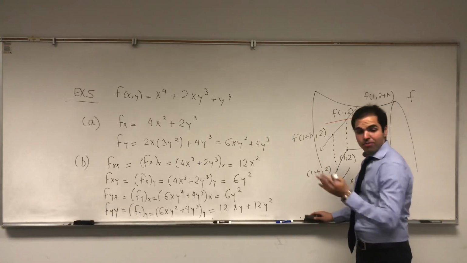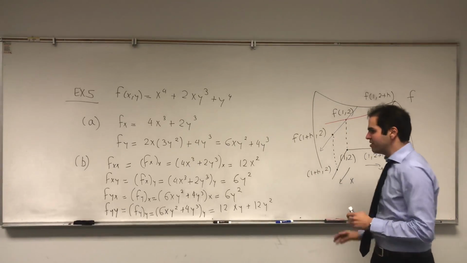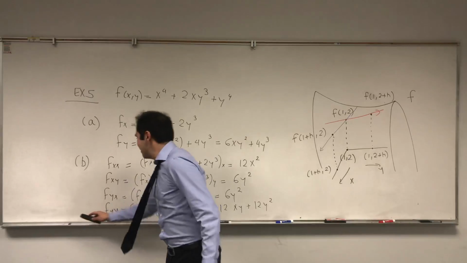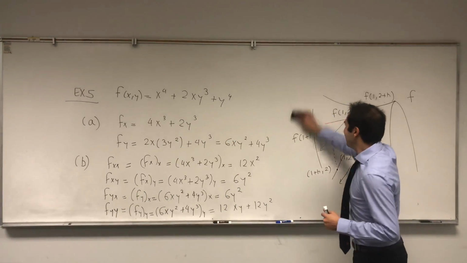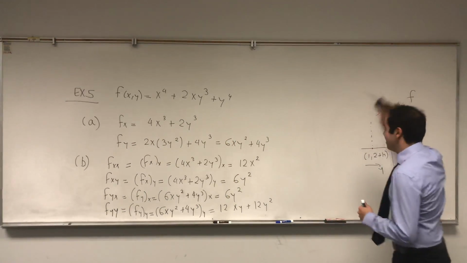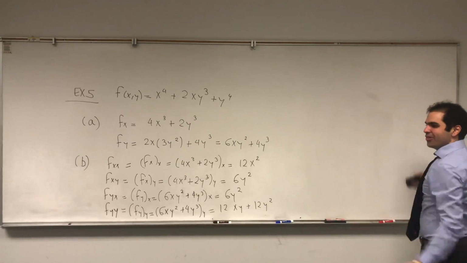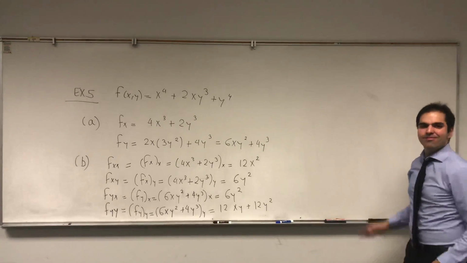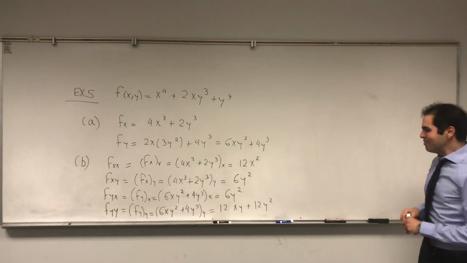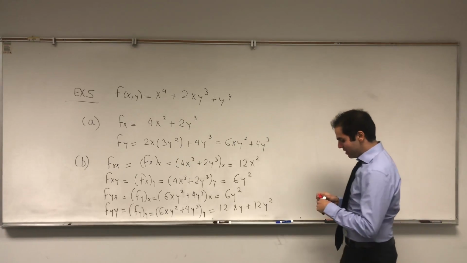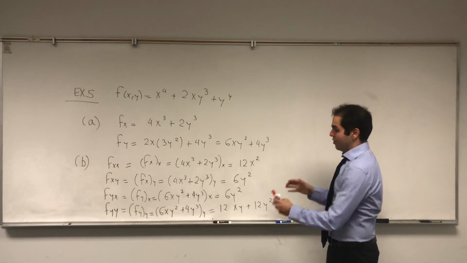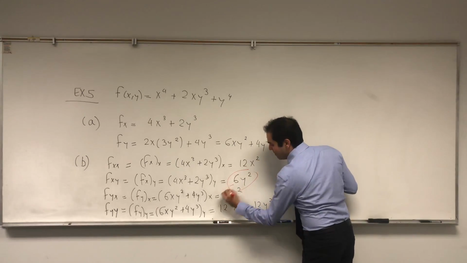Now, let's look more precisely at the results that we have. And in fact, let's play a little game of memory. Which ones of those four are equal? Namely those two.